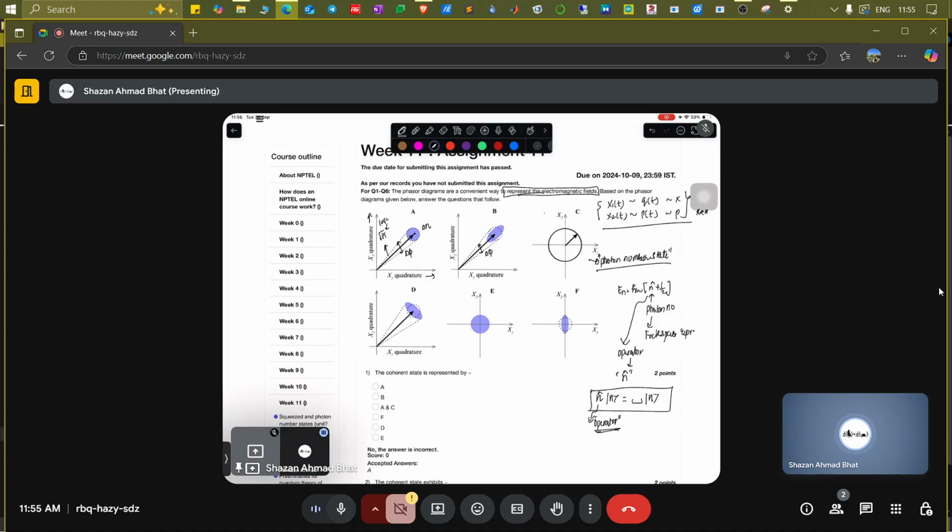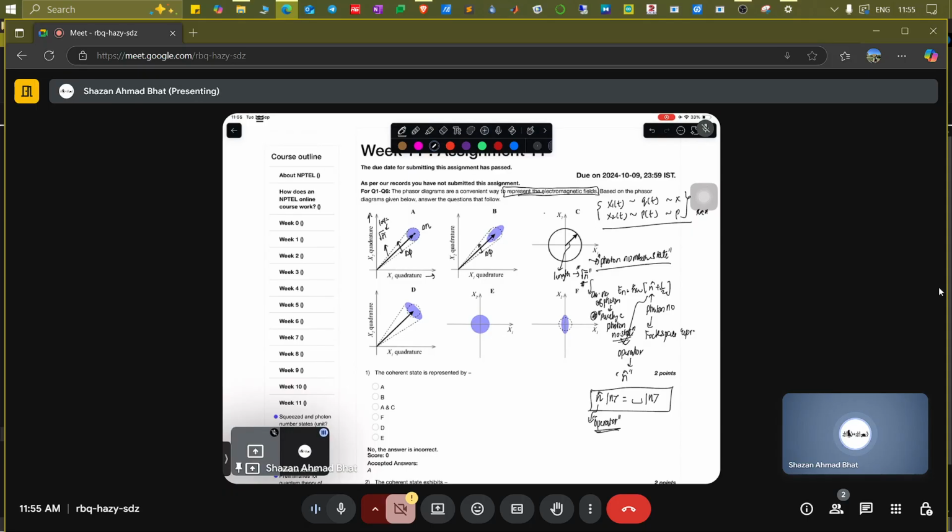You see that there is no shaded area, and there is only the length of this phasor, which represents the square root of n, which represents the average number of photons. So it's purely a photon number state, and you don't talk about the phases here.